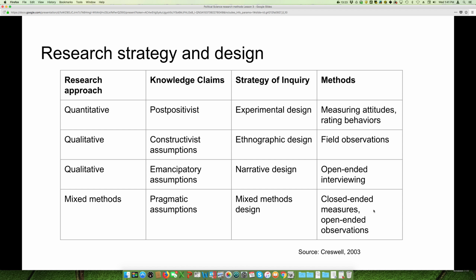I want to just go back to make sure I was clear: this design, with emancipatory assumptions, really gives your research participants the power to describe the phenomenon, and you are helping them craft that narrative and make sense of it, but the data all comes from the participants.